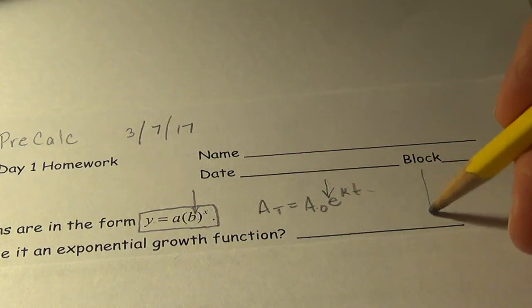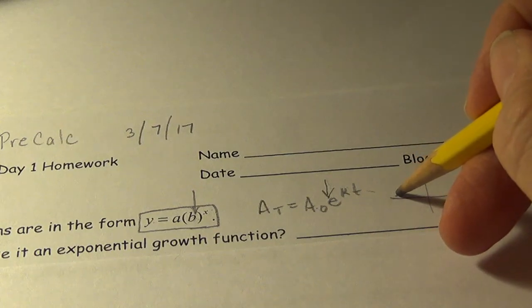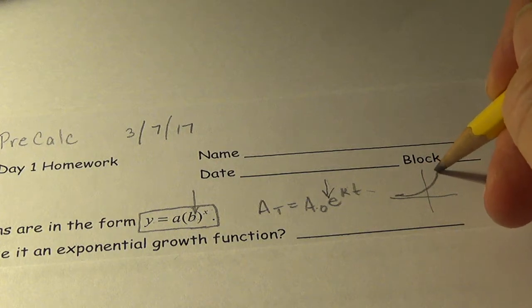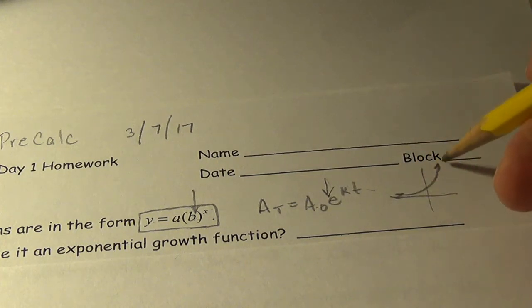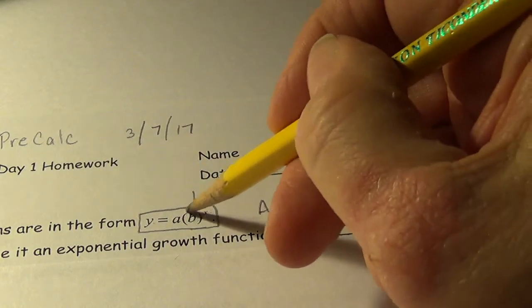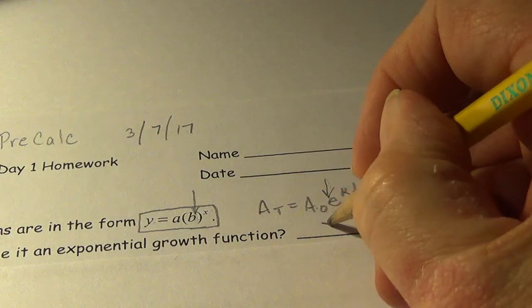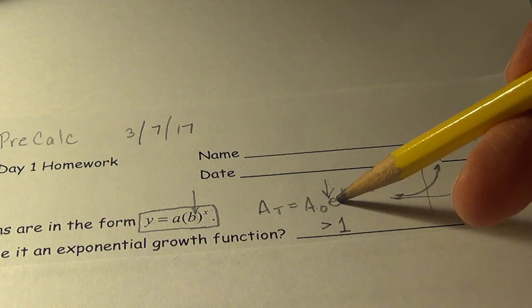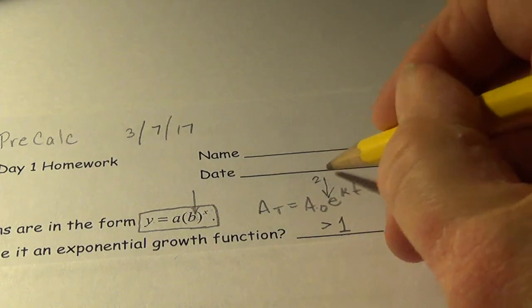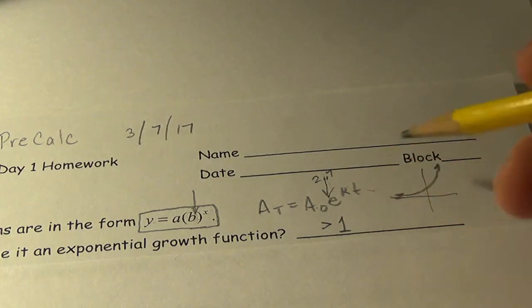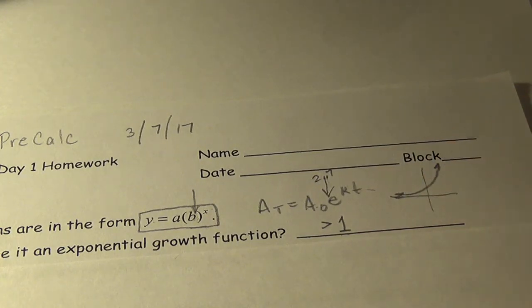A growth function, looking at this from left to right, will start low and go zinging up. That's exponential growth behavior. For that to happen, this value b has to be greater than 1. As you can see, e, which I have mentioned many times, is approximately 2.7, which is greater than 1. So we'll have growth. It'll start low and go zinging up.